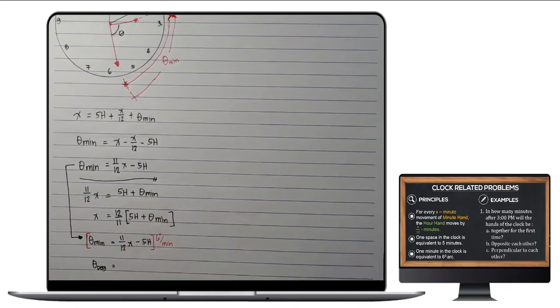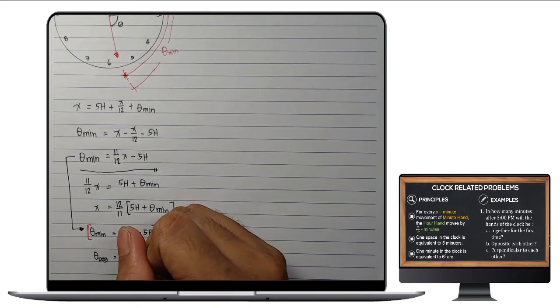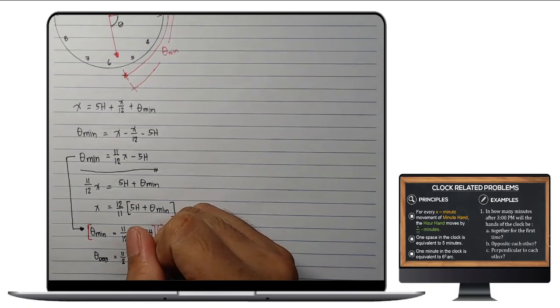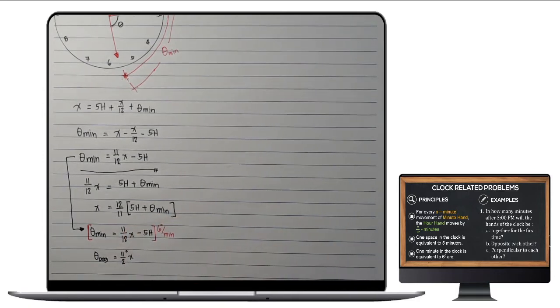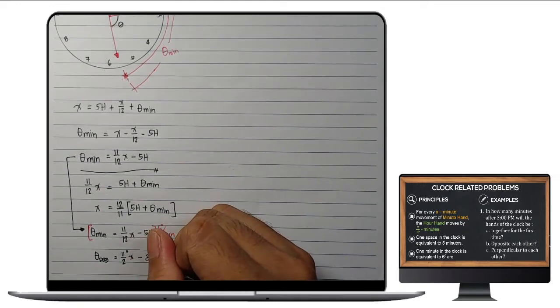I will no longer put the 6 degree multiplier because our theta here is already converted into degrees. So it will cancel out. So, it becomes 11 over 2x, so 11 over 2 degree, where our x is still in minutes, minus 5 times 6, so that is 30h.